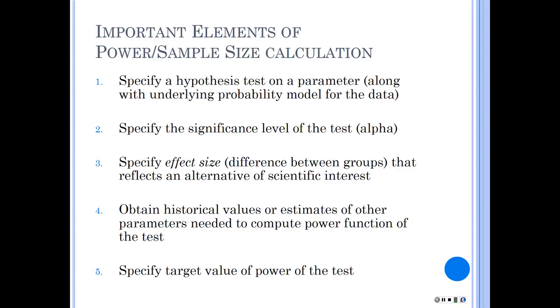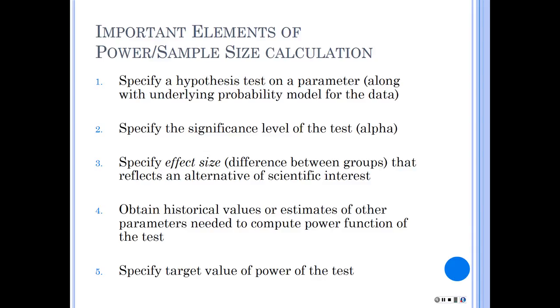Next, you want to specify the effect size. This is the difference that we expect to see between the groups, typically determined from a lit search and prior background studies. You also want to obtain historical values or estimates of other parameters needed to compute your power function.